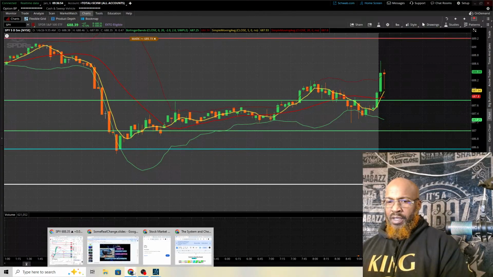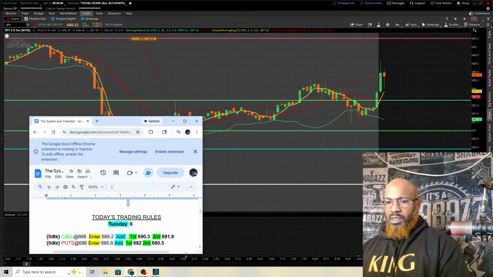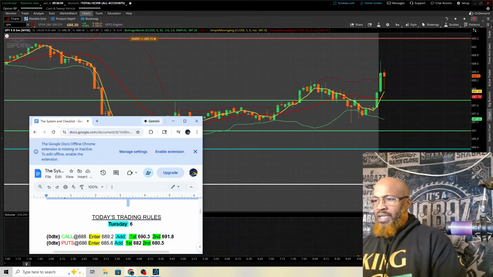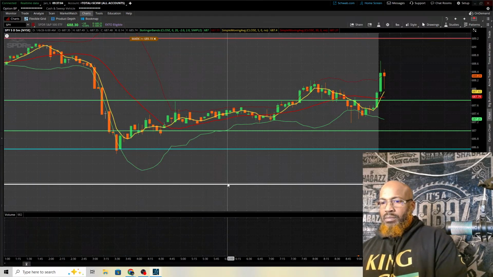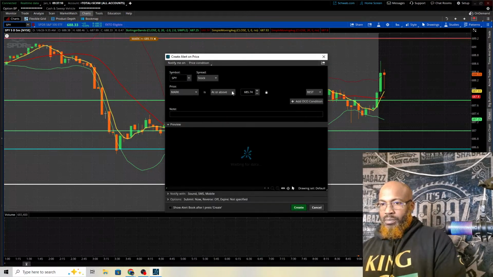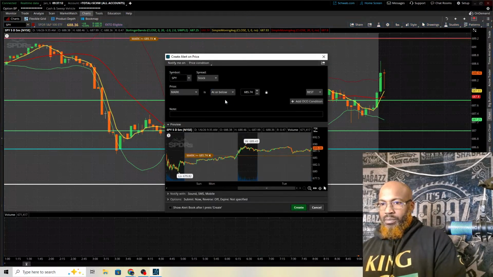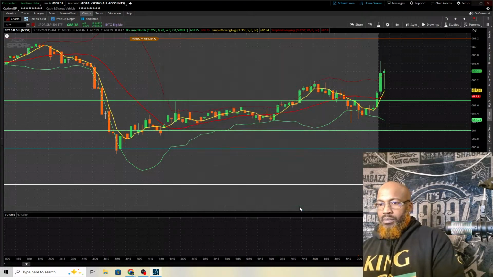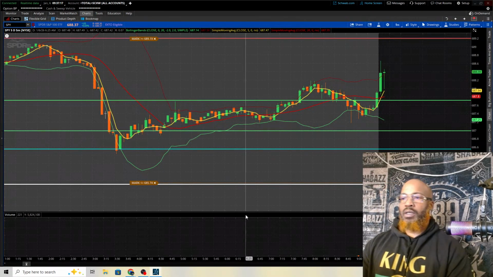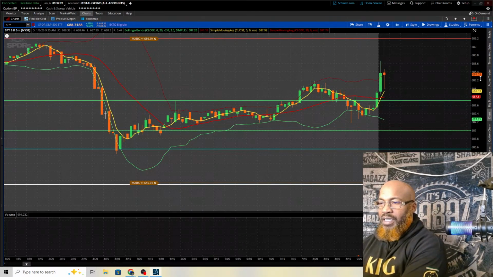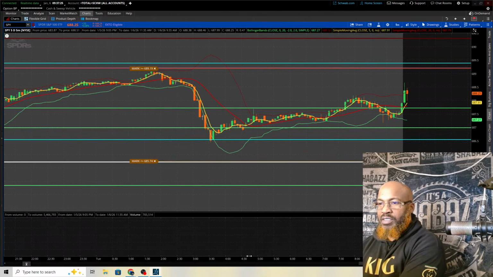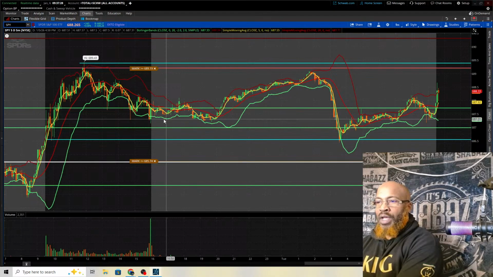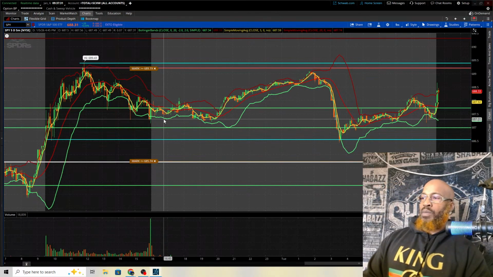And I'm interested in a put below the 685.6 area, which is going to be my white line here. These are my areas of interest. A call 689.2 and above. A put 685.7. What I'm going to go ahead and do now is eliminate pre-market.